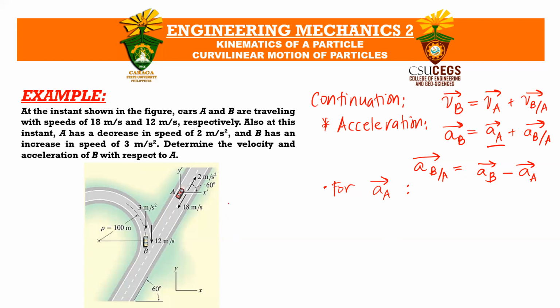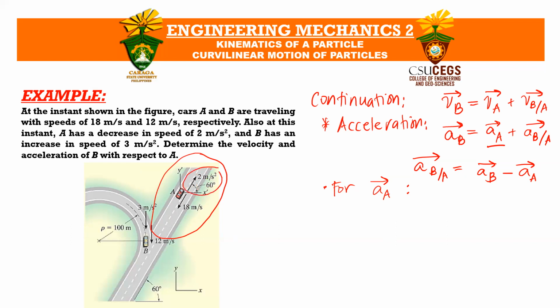So based on your illustration, since car A is moving on a slanted road, the 2 meters per second squared is moving upward.